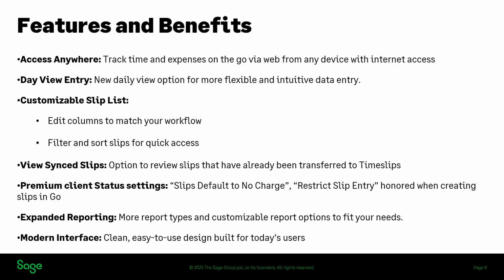Once that's been saved, you'll be able to access it from the main screen of your phone. For me, I access it like it's an app. I can go into my apps once I've utilized it, and I can see Timeslips Go there.